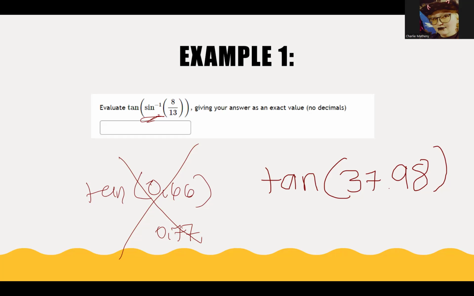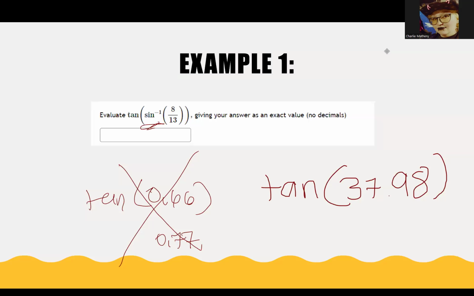Now that is going to give me the tangent of 37.98 in degrees. It's going to equal, in degrees, apparently, it's still giving me 0.7. That's interesting.